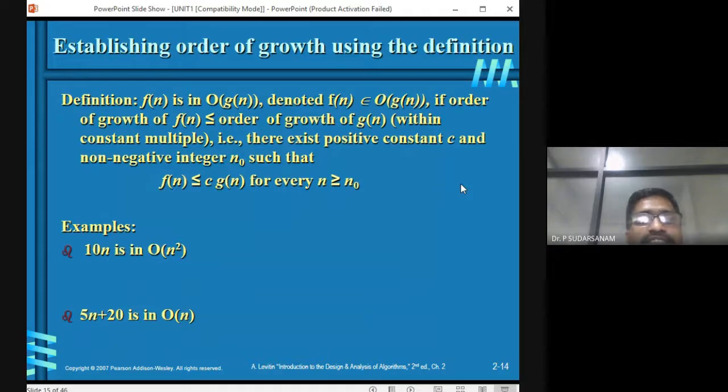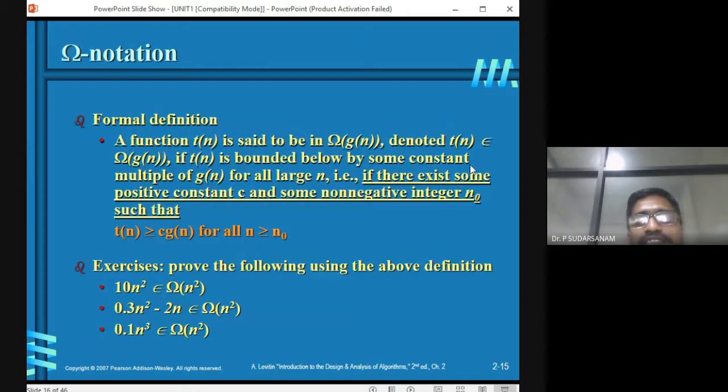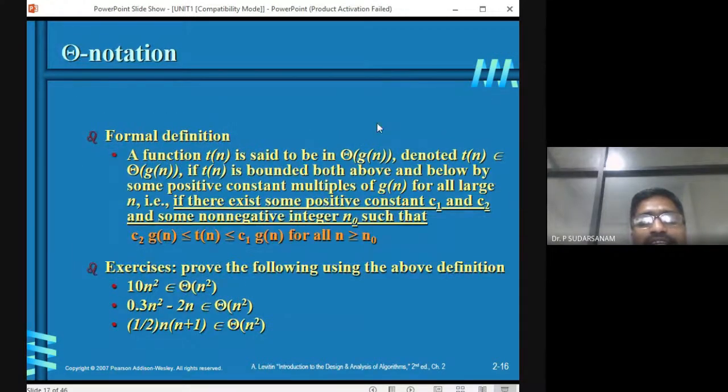The first definition is this one, the second is this one, and the third definition, once again I'll tell you. See here, theta notation: a function T of n is said to be theta of g of n, denoted by T of n belongs to theta of g of n, if T of n is bounded both above and below by some positive constant multiples of g of n.